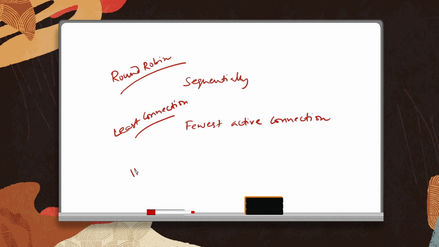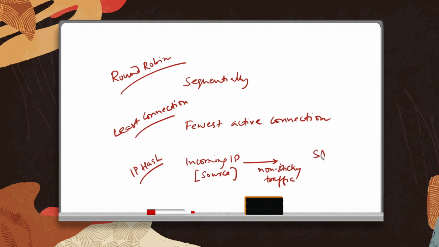And in case of IP hash, it is going to use the incoming IP as the hashing key, and then send it to the backend server. Remember, in case of IP hash, only the non-sticky traffic is going to be sent to the same backend server.